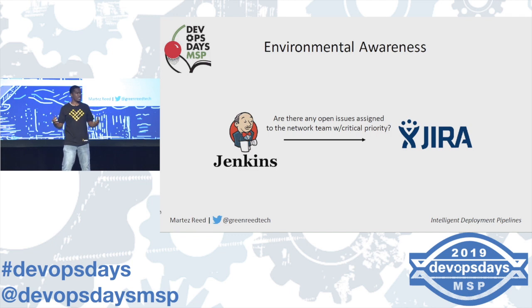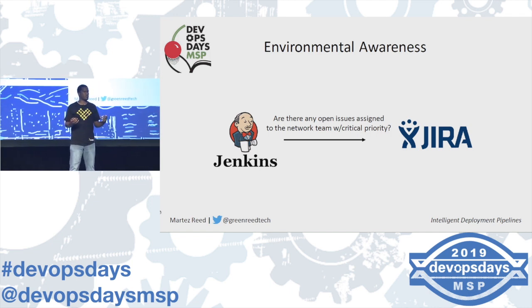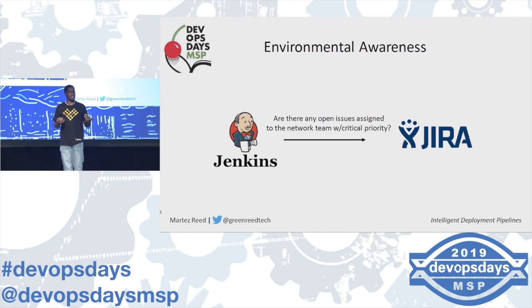Hopefully, if it's being updated and maintained properly in terms of ticketing, then we can start to leverage that information about the environment to help us make a better decision in terms of when we make a deployment to production, to be able to identify maybe there was maintenance last night that the network team did on some critical firewalls. For me, I think that would be really helpful to have when I make a decision to deploy to production, because maybe that's the issue.